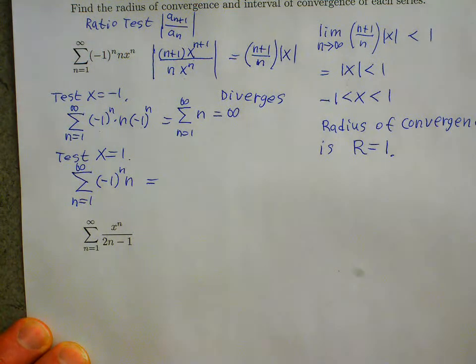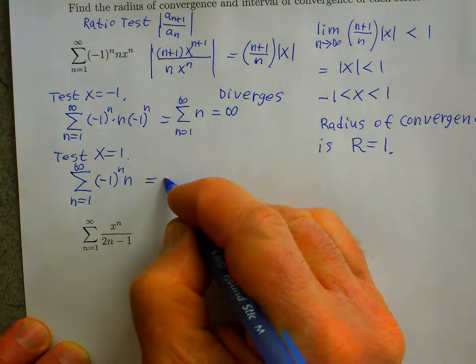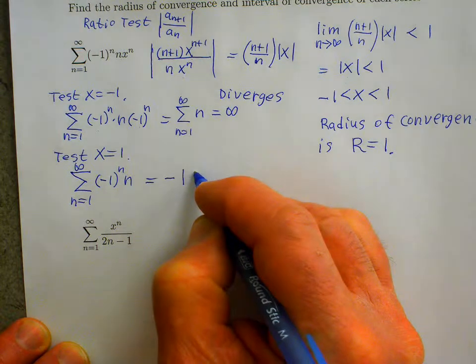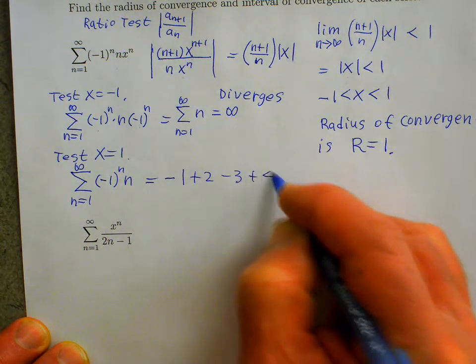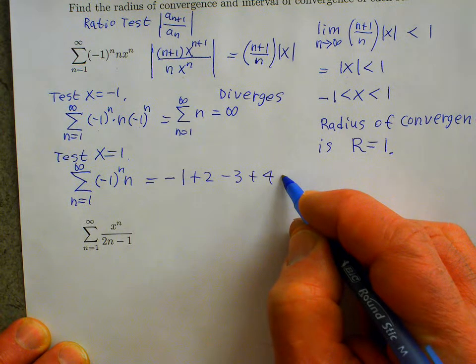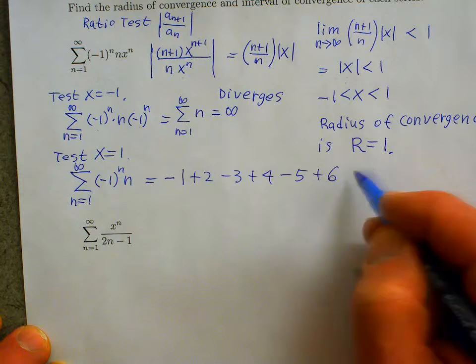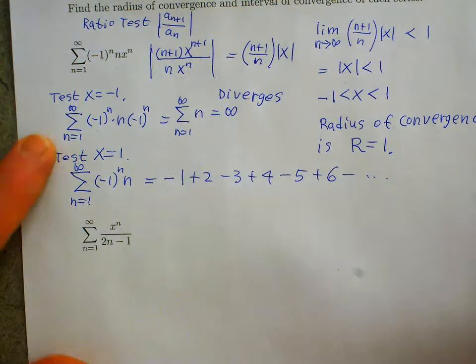Well, if we write out the first few terms, it oscillates back and forth, but it's oscillating out of control, right? So we start with -1, and then we add 2, and then we subtract 3, and then we add 4. Then we subtract 5, and we add 6, and so on. So it diverges.